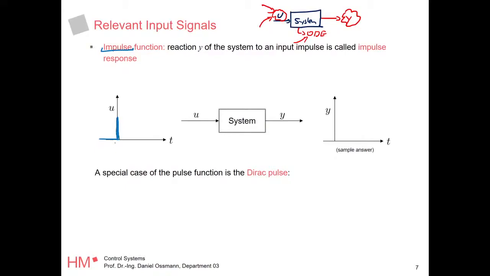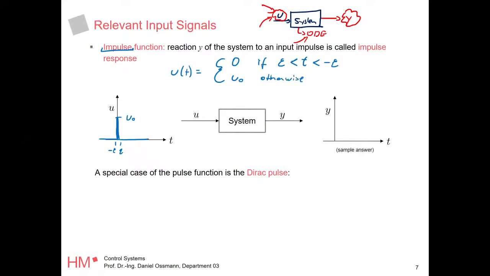Or let's be fair and say we've got some very small value epsilon, from minus epsilon to epsilon, where the signal is not 0, and then it's 0 again. So if you would mathematically describe this, you would say my u of t is equal to 0 if my t is bigger than some epsilon or smaller than some minus epsilon, and it's going to be some amplitude you like otherwise.